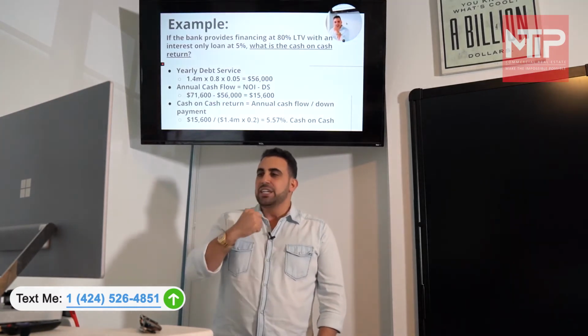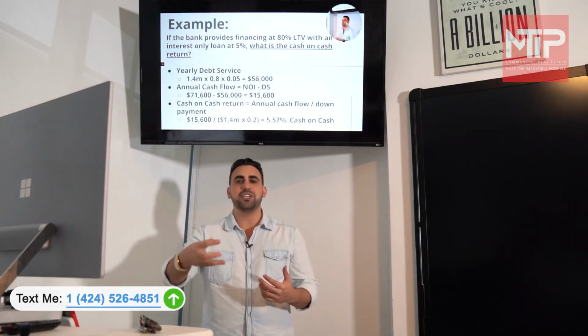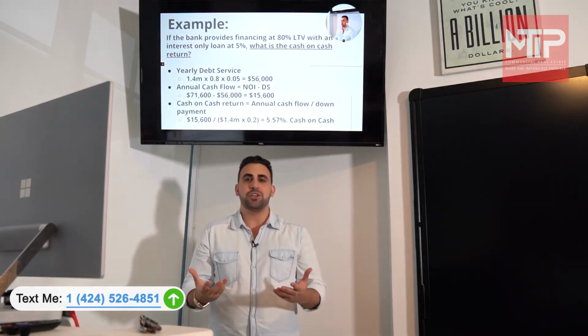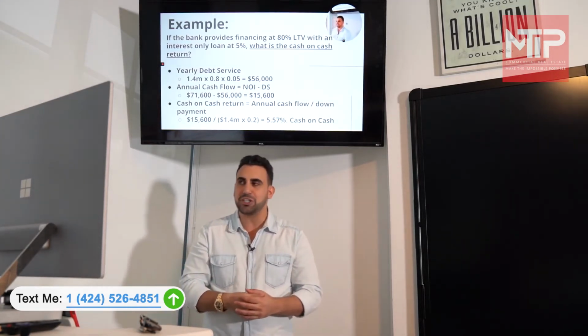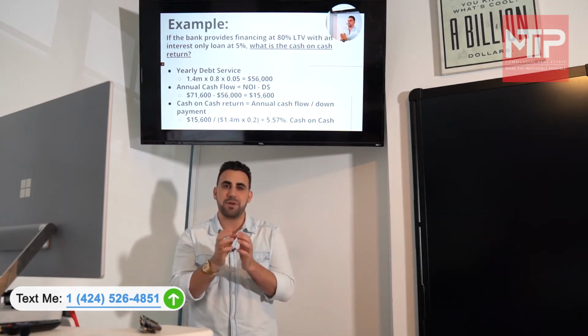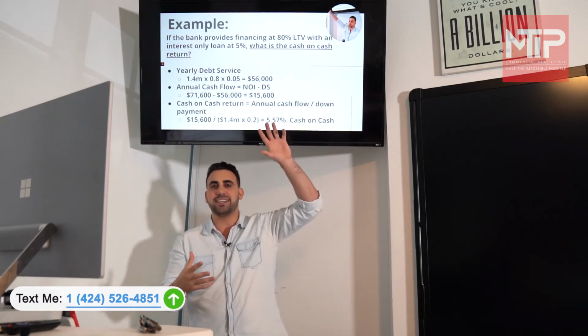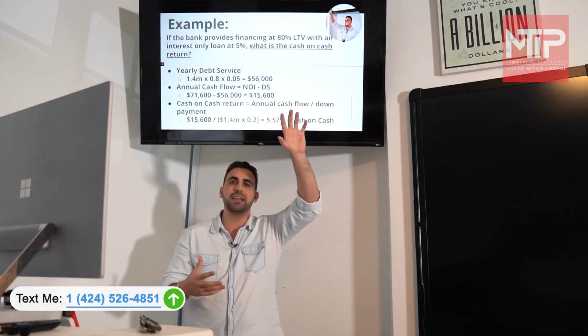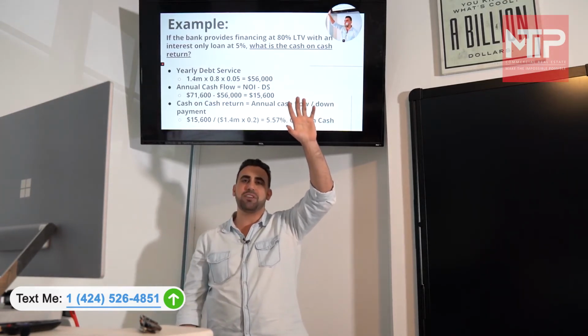Now, say you went and bought this building with a loan, leveraging it. You didn't pay $1.4 million cash, you put down a down payment. So how do you calculate that down payment, or initial capital equity investment? If 100% is the whole $1.4 million to buy, you're only using 80% of the bank's money.